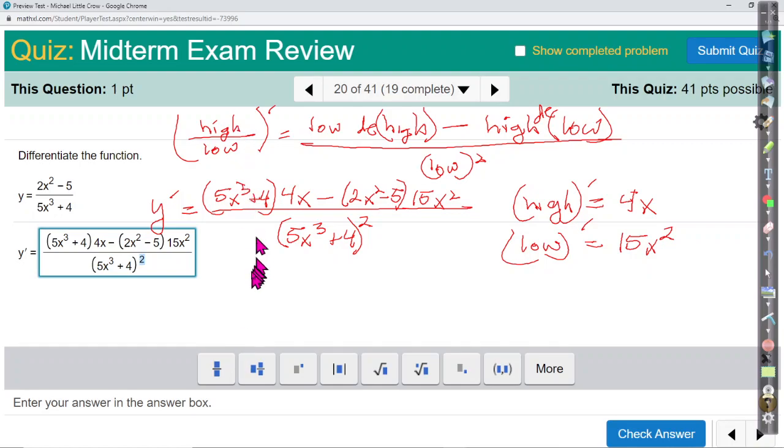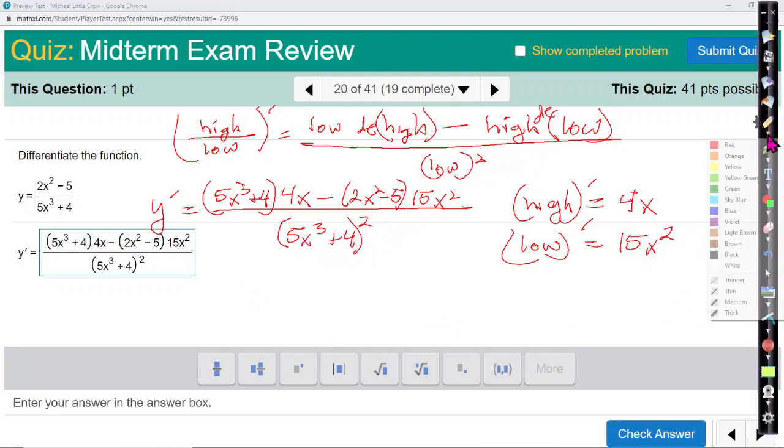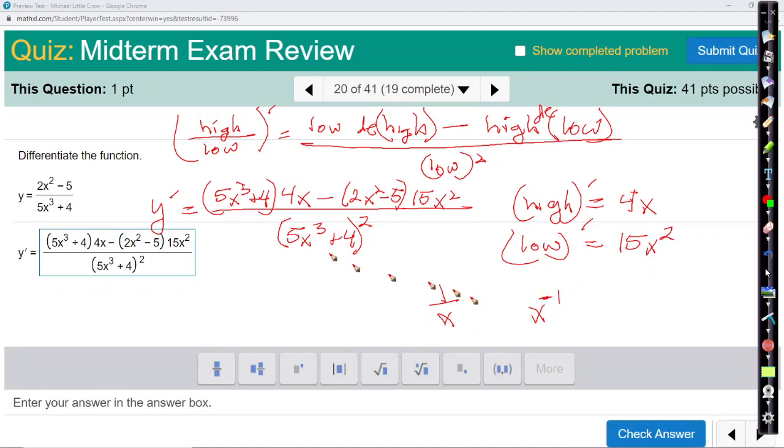Okay. Now, the reason all this happens, it's the formula, but remember, early on, if you take a derivative of 1 over x, that's x to the minus 1, right? So that's a denominator. When you take it, you're going to get a negative coming off.